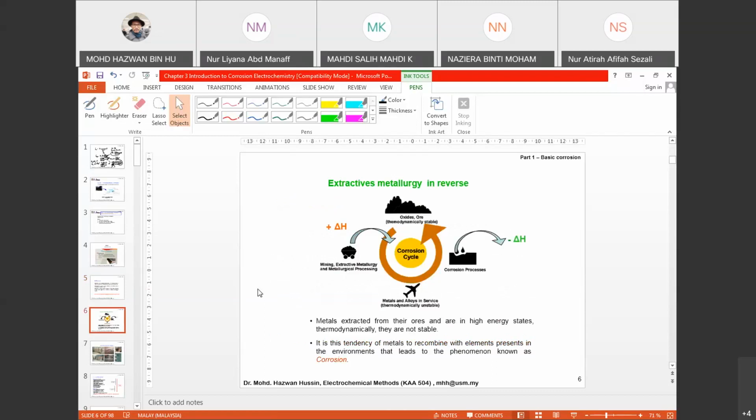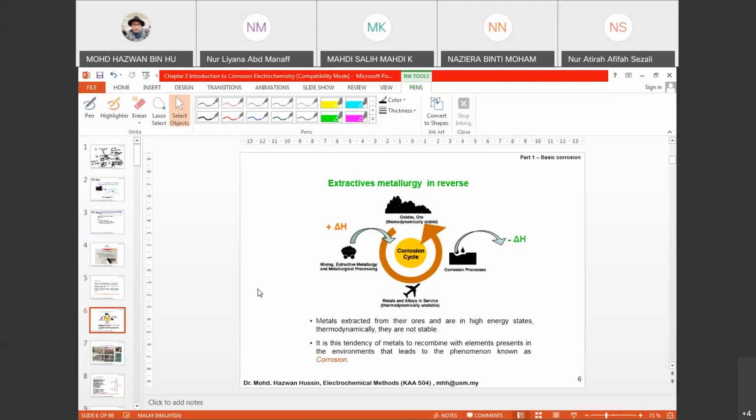For those who have learned about metallurgy, extractive metallurgy is the process where we extract metals from raw materials. You can produce pure metals by extracting them from resources, which normally come from ores or metal scrap.